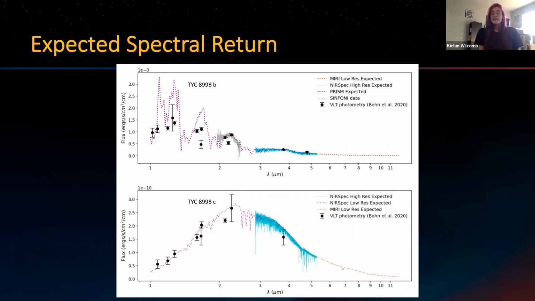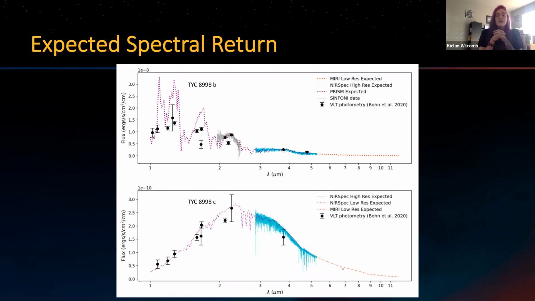Shown here are the expected spectra from my JWST Cycle 1 program, emphasizing the amount of spectral information gained from JWST. The strange spectral shape for TYC C is especially interesting alongside how red the object is.